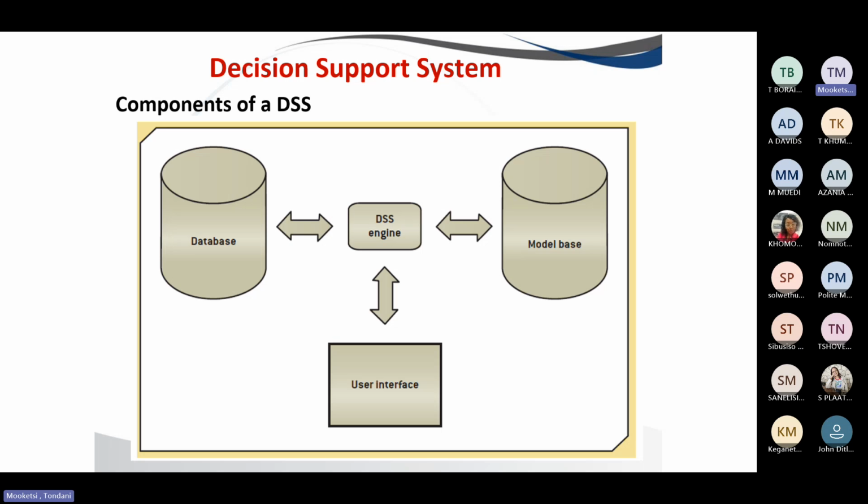So the decision support engine is responsible for making the decisions based on what is in the database and the mathematical or statistical models that are being applied, and then it will give the results to the user. So that is the basic structure of a decision support system.